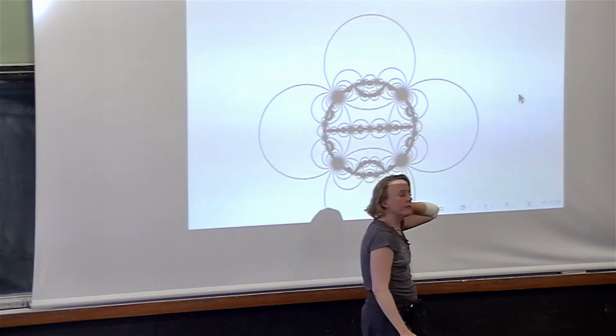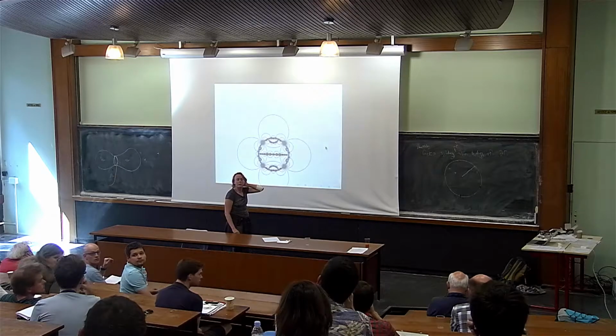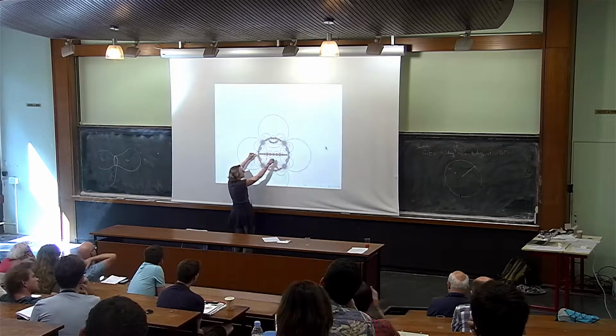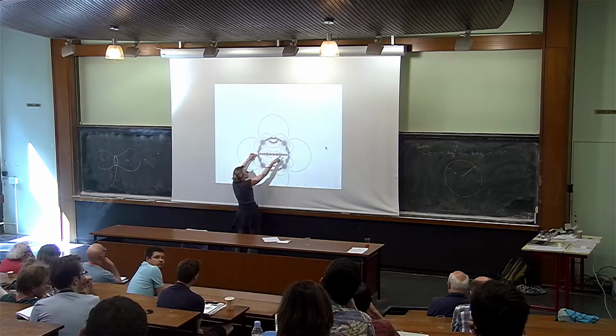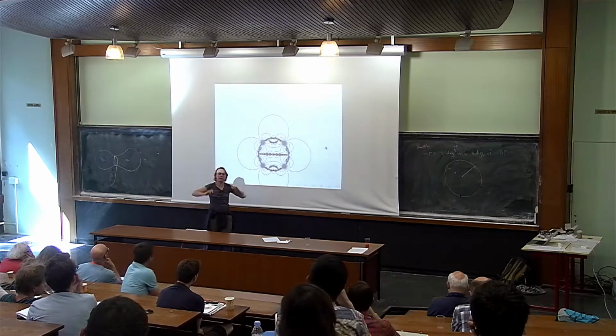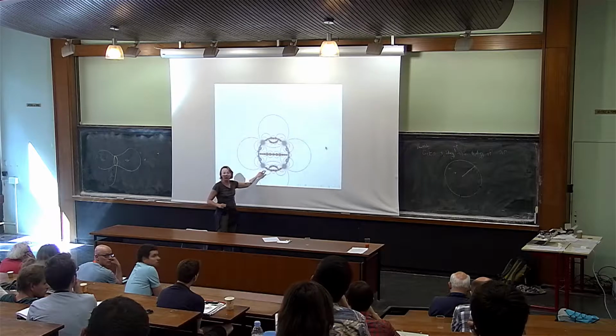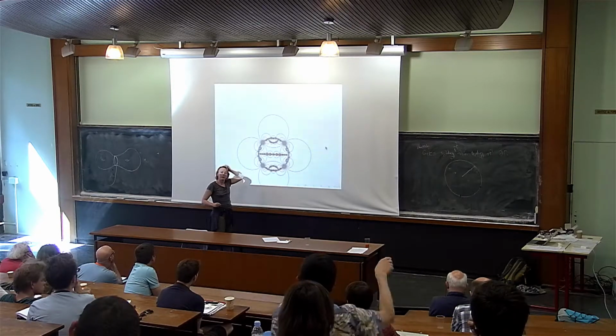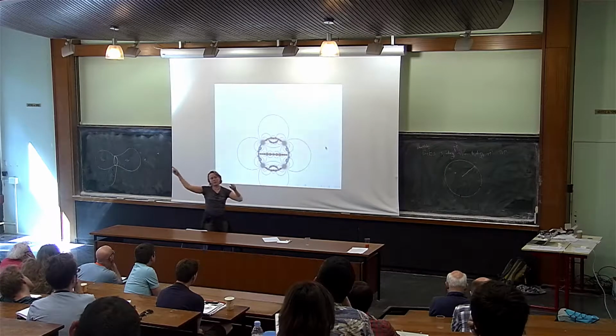Yes? Why is the Cantor set cyclically ordered rather than just linearly ordered? Well, there's a cyclic order. You get a cyclic order from a circle. So this is actually part of a circle. So linearly ordered is fine because it goes through infinity. This picture is actually on the 2-sphere. But the equivalence class, is it a circle or is it a line? It's a cyclically ordered Cantor set.